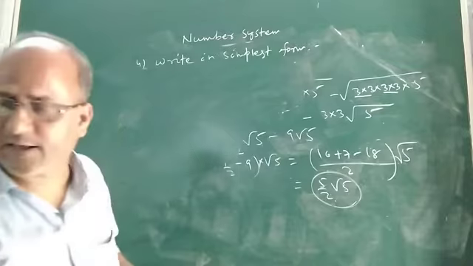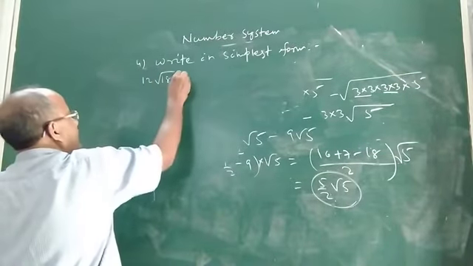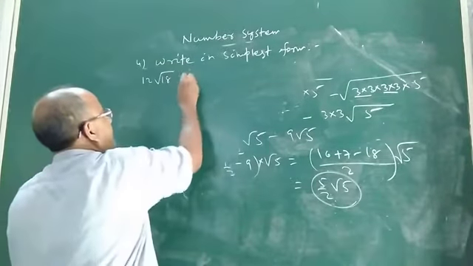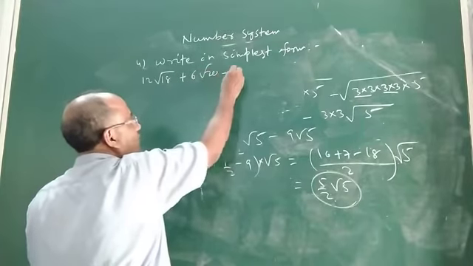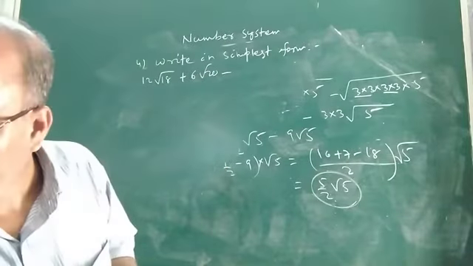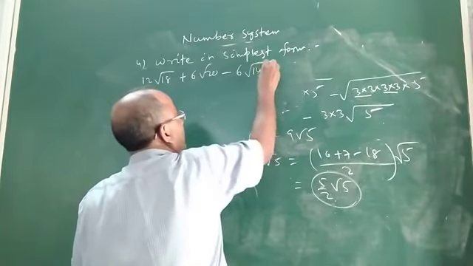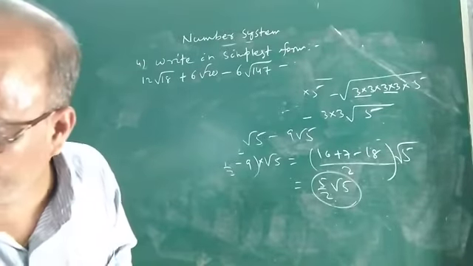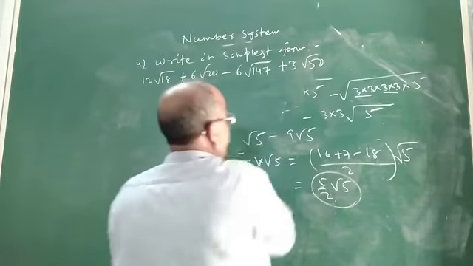Suppose you are given a question like this: 12 into root 18 plus 6 into root 20 minus 6 into root 147 plus 3 into root 50.